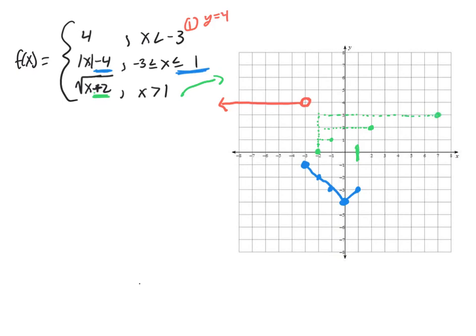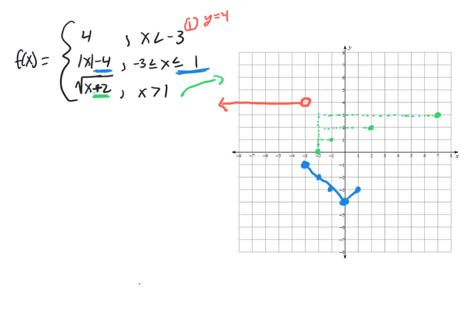The only problem with this is we do need an approximate value for what this function is at 1. So that would be about the square root of 3, which is approximately 1.7. So I'm going to go right here at 1 and put that 1.7 right in there.